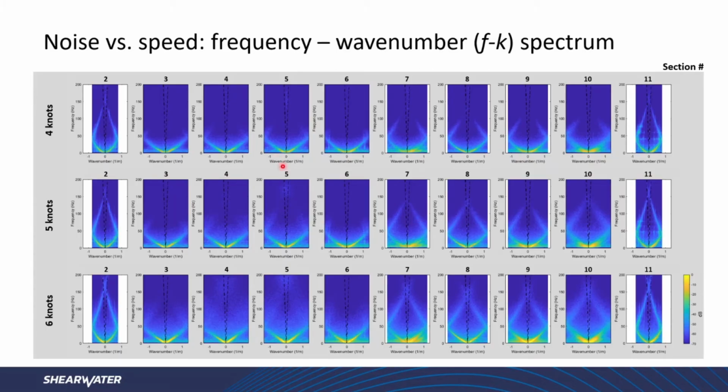So what you see here is actually FK spectra from the evaluation landscape, sampling tow speed at 4 knots, 5 knots, and 6 knots. On the horizontal axis, you have different panels. So you have some stiff streamers at the very outside. Then you have here a family of streamer sections of a highly dampening, low stiffness gel.